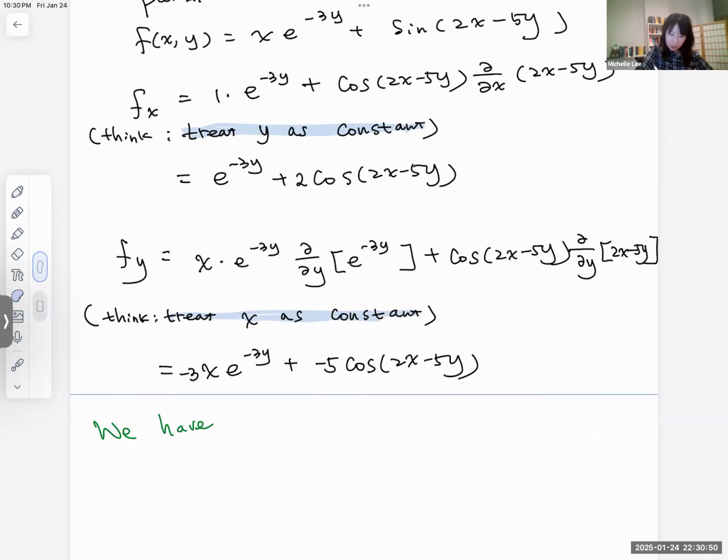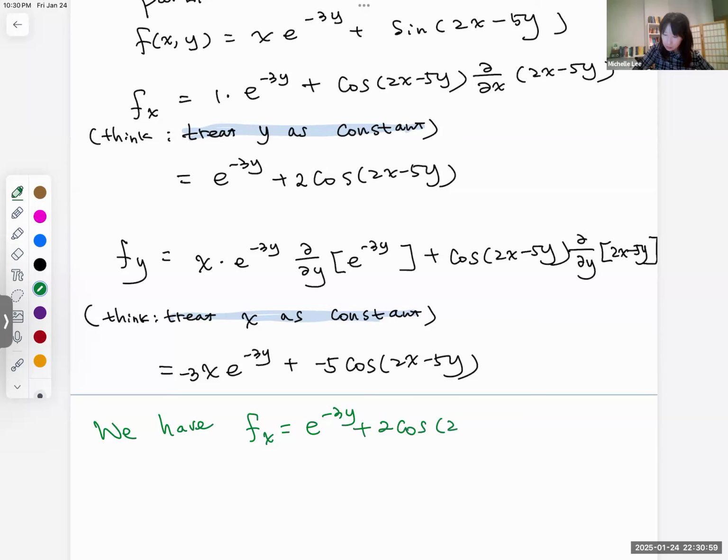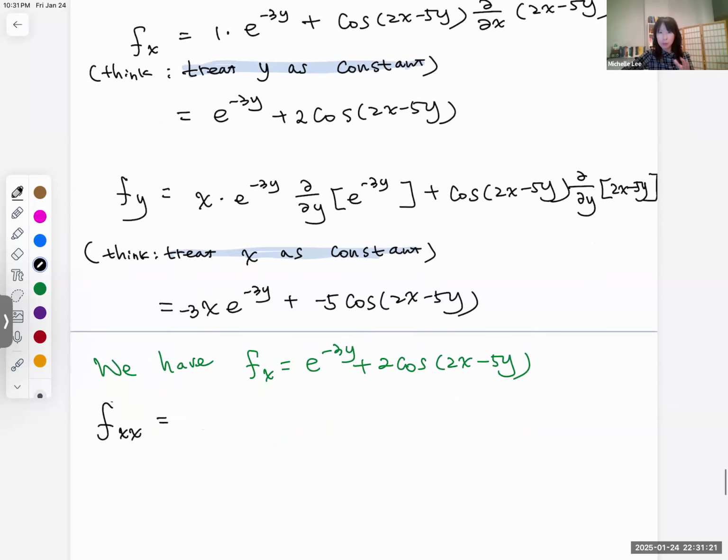So the partial derivative with respect to x, and then the partial derivative with respect to x again.